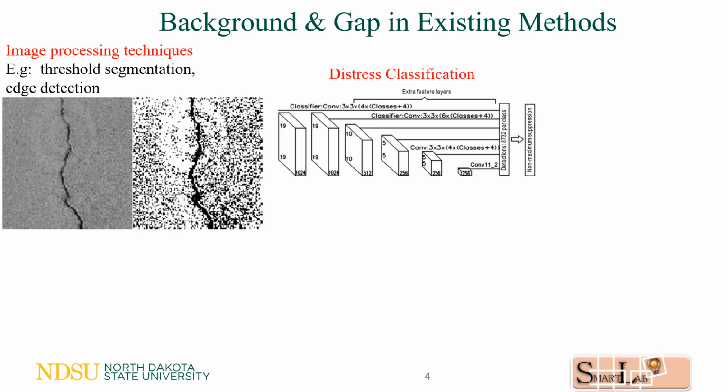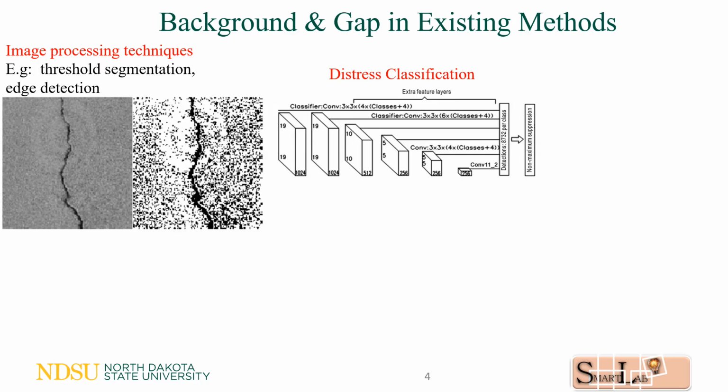Now let's move on to distress classification. For distress classification, the whole pavement image is classified as either a distress image or a non-distress image.